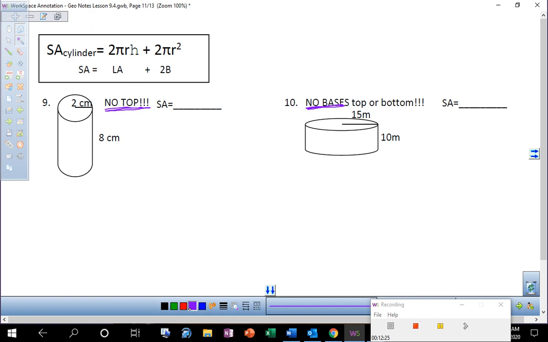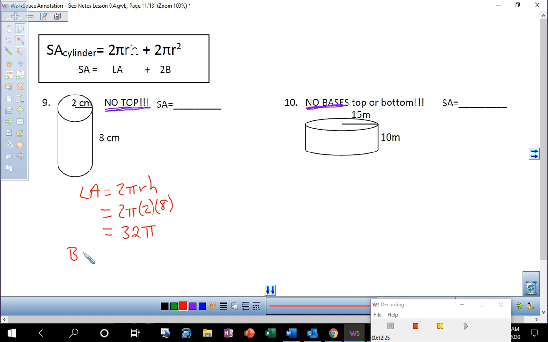So for number 9, I have no top. I just have one base that I will have to worry about here in a second. So for the lateral area, 2 pi RH, R is 2, and H is 8. So simplified, 2 times 2 is 4, times 8 is 32 pi.